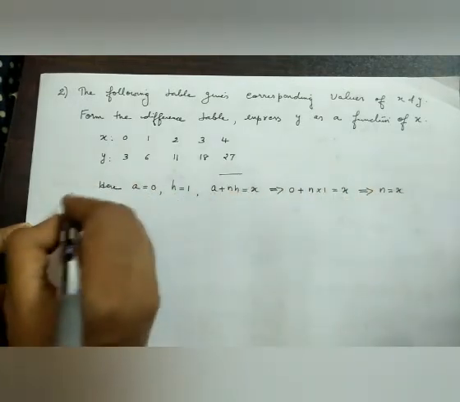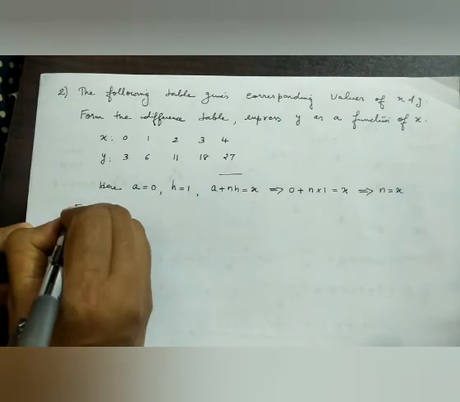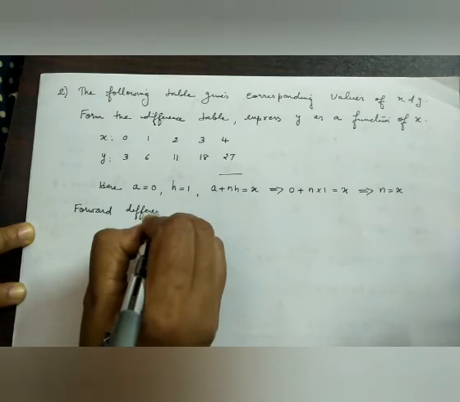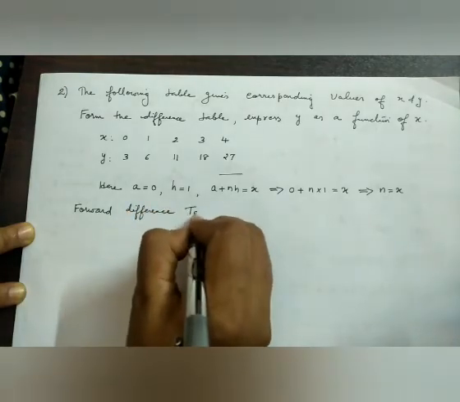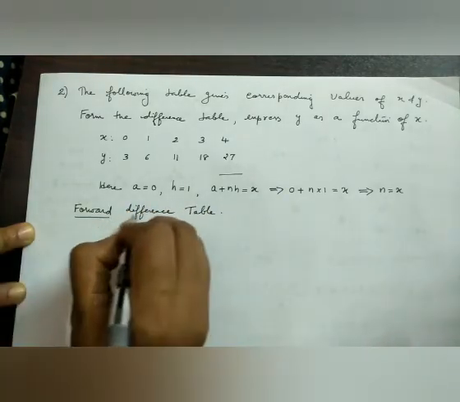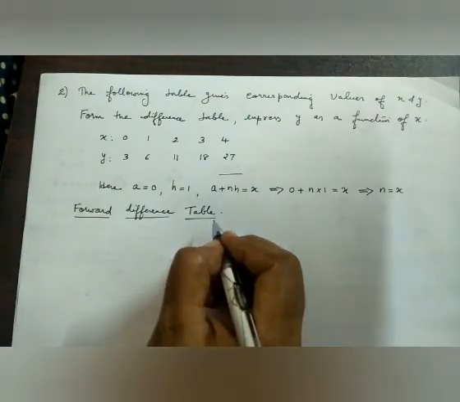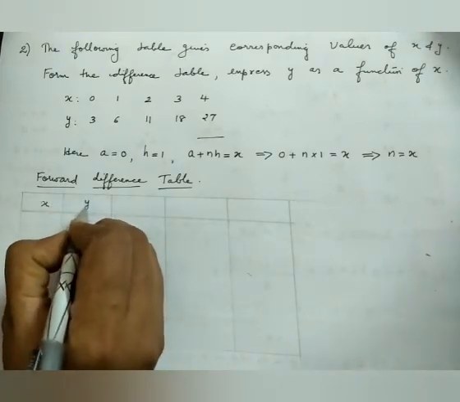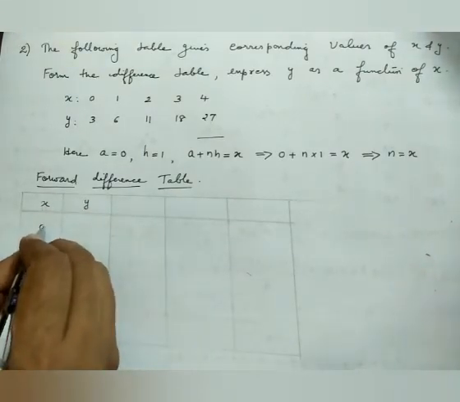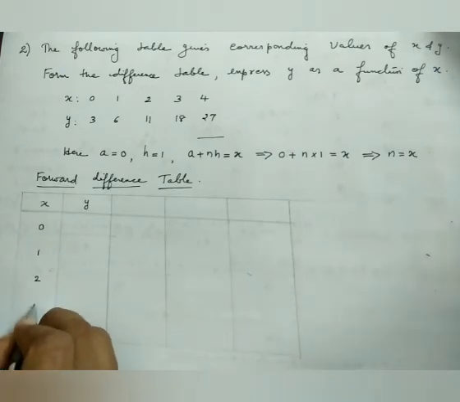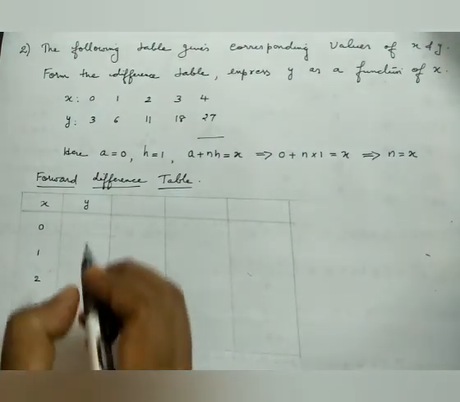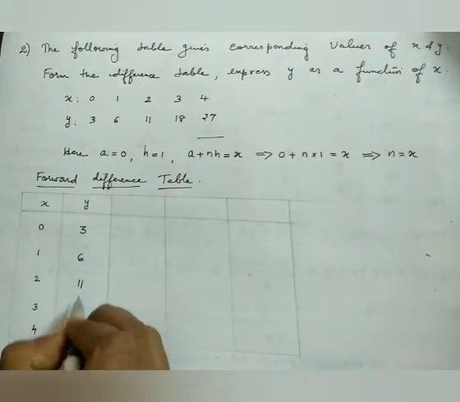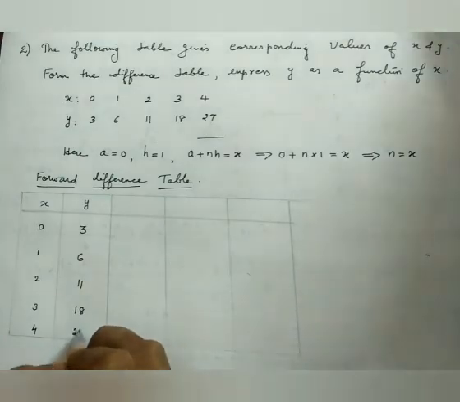Okay. Now we can form the forward difference table. As usual, we can form the forward difference table. Now the values of x and the corresponding values of y. So the values of x are 0, 1, 2, 3 and 4. The corresponding values of y, that is 3, 6, 11, 18, 27.